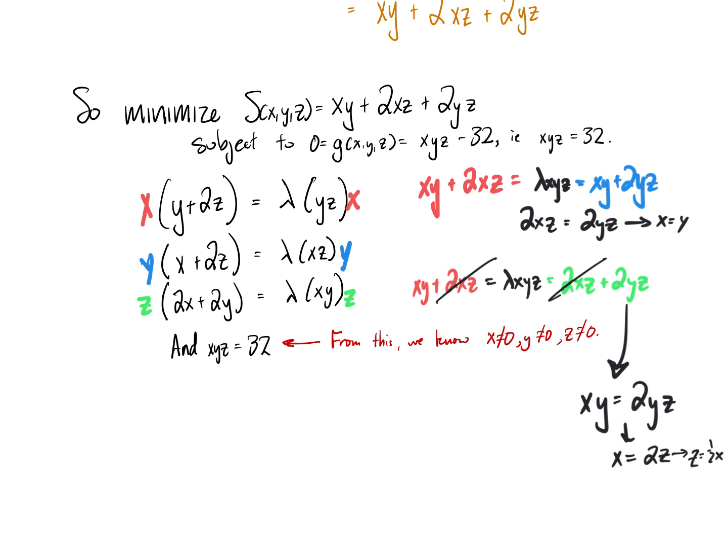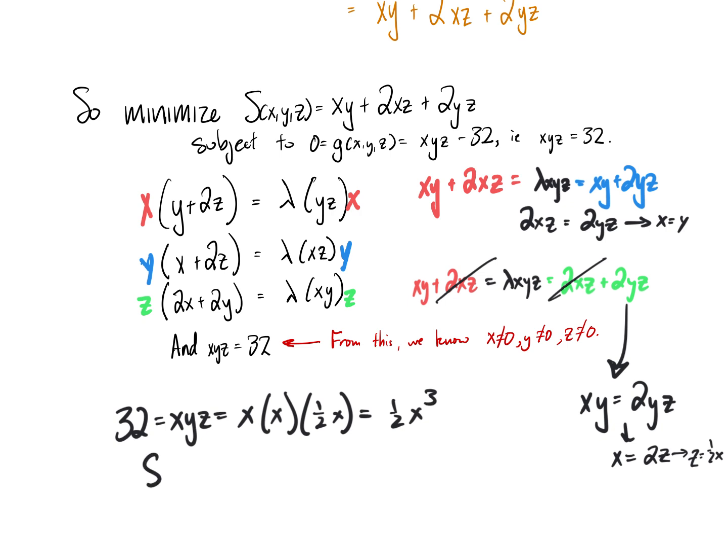So that tells us that 32, which equals x times y times z, will equal x times y, but y equals x, times z, which is 1/2 x, which all together, when we multiply them together, is 1/2 x cubed. In other words, x cubed equals 32 times 2, which is 64.